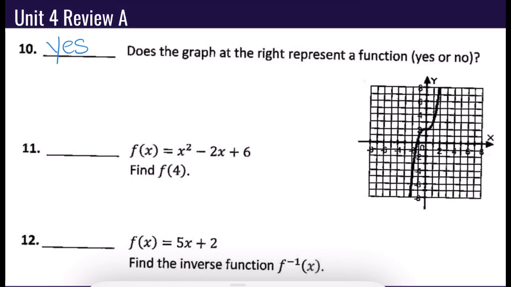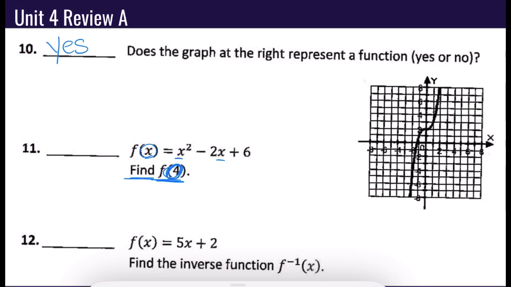Number 11 wants us to solve the function. So remember, if they give us f of x equals x squared minus 2x plus 6, and they use the phrase find, and they have that same letter and parentheses combo, but now instead of an x on the inside we're going to have a number, that means that anywhere we see that x, we're going to put that number.